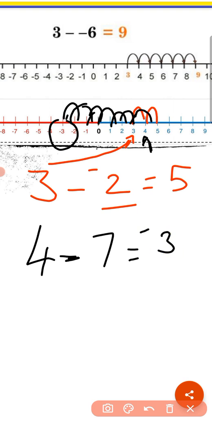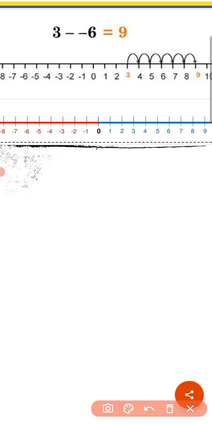So our answer is negative 3. 4 minus 7 means we are subtracting two positive integers. So locate the first number, that is 4. From 4 you should move 7 steps to the left side. So negative 3 is our answer.